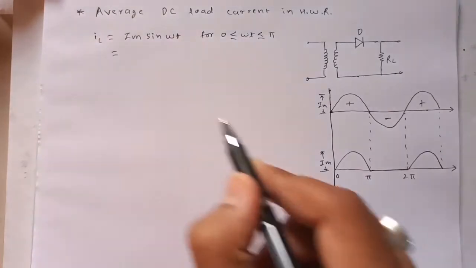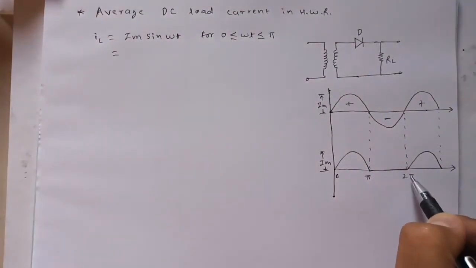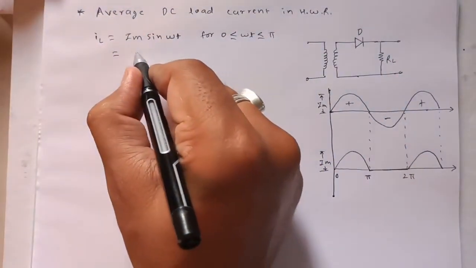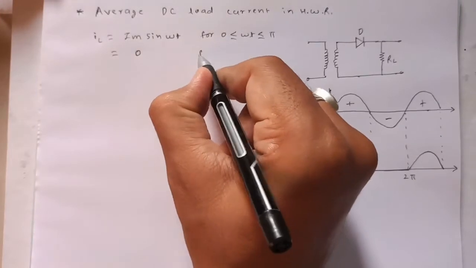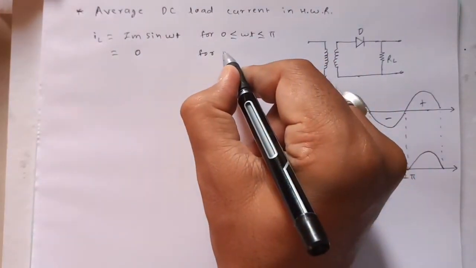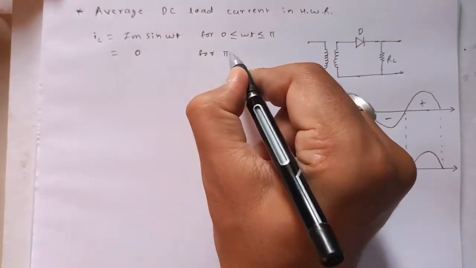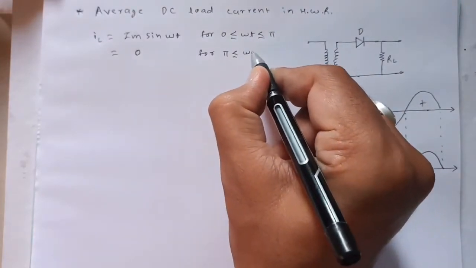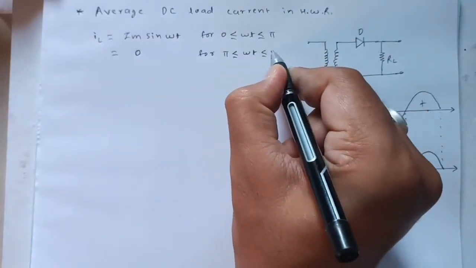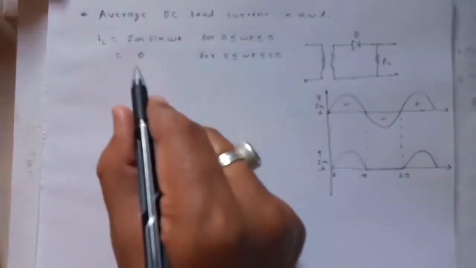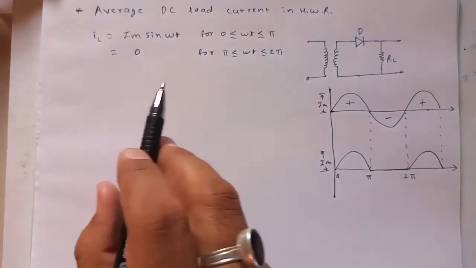Now after this, from pi to 2 pi, there is no value of the waveform, or the output is 0, and that's why I write 0 here. So for omega t greater than pi but less than 2 pi, it is equal to 0. Understood this equation?